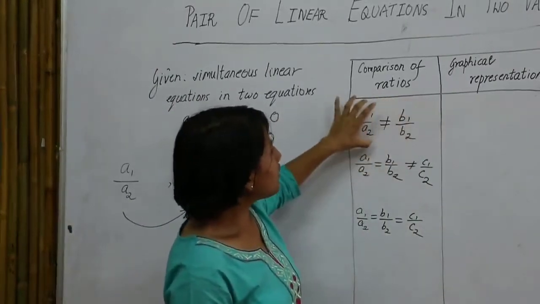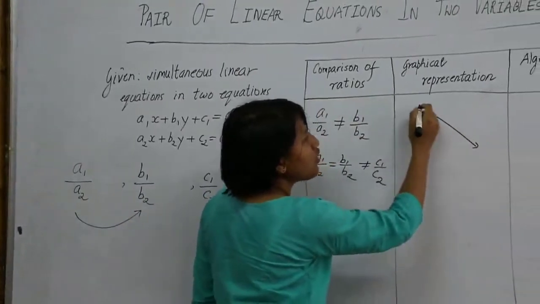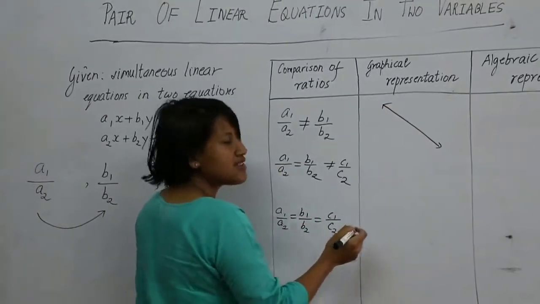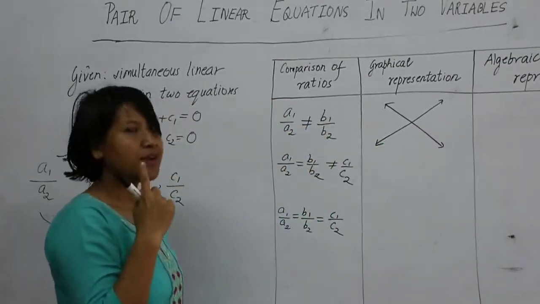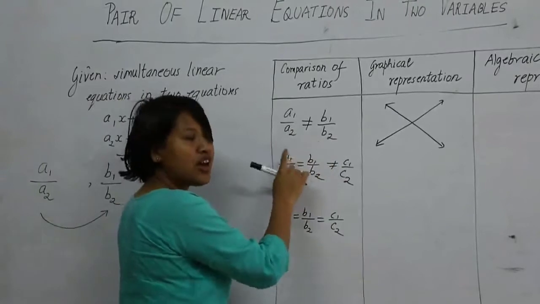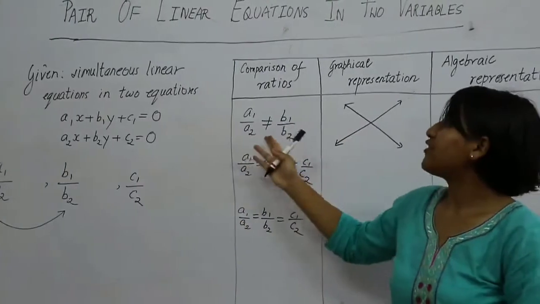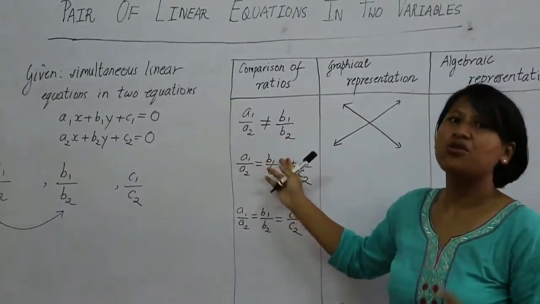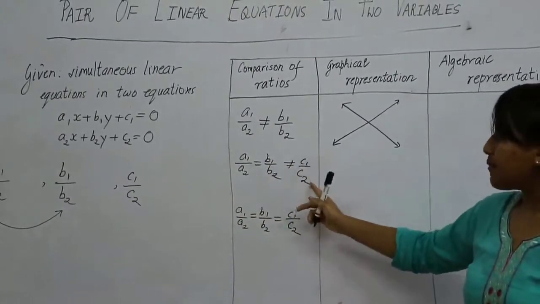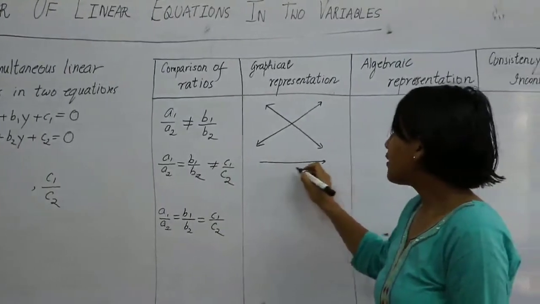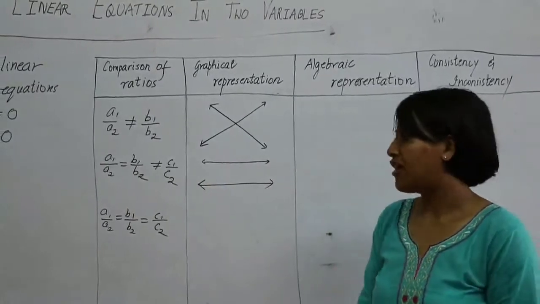When the ratio of this is not equal, graphically, because linear equations always represent straight lines, they will intersect at only one point. So in order to know whether they are intersecting, we check first just from the coefficients of x and y. Then if however they are equal but not equal to C1 by C2, they will be parallel, they will not intersect at any point at all.